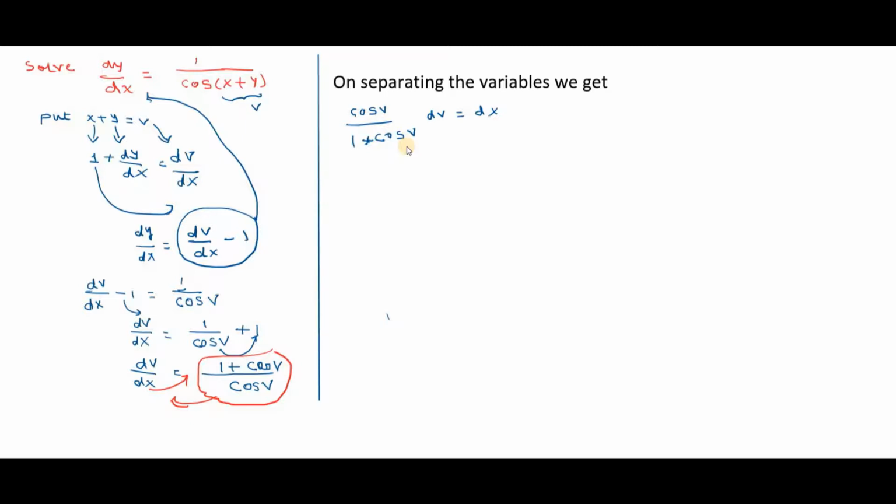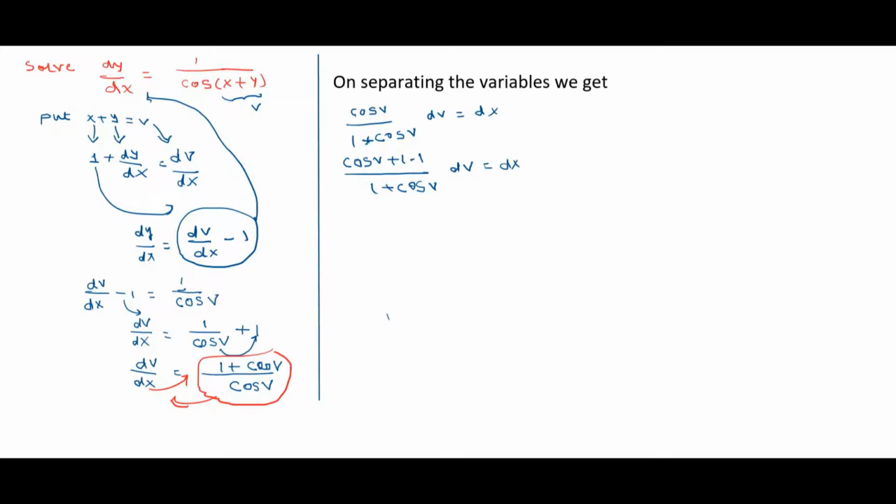Here cos v is there, only 1 is absent, so adding 1 and minus 1, we can write it as cos v plus 1 minus 1 divided by 1 plus cos v into dv is equal to dx.